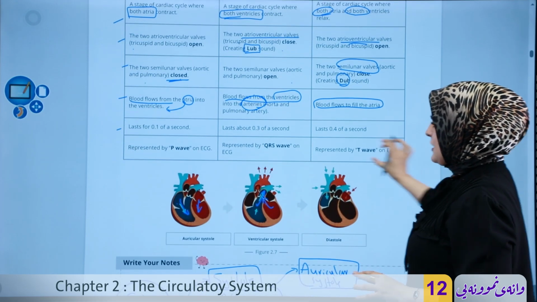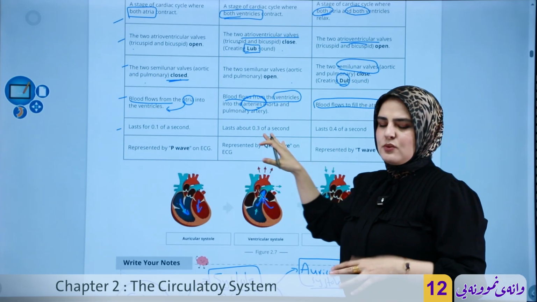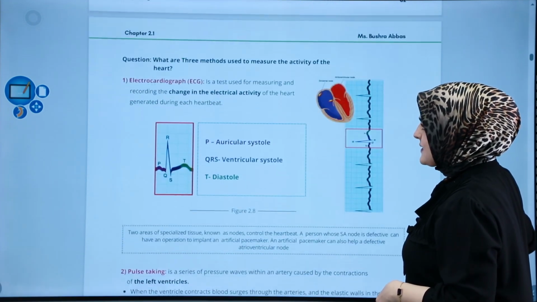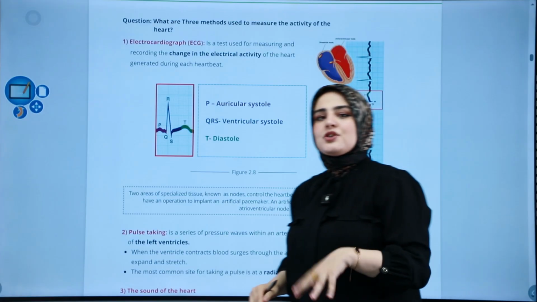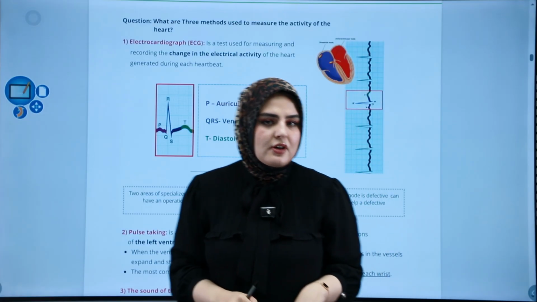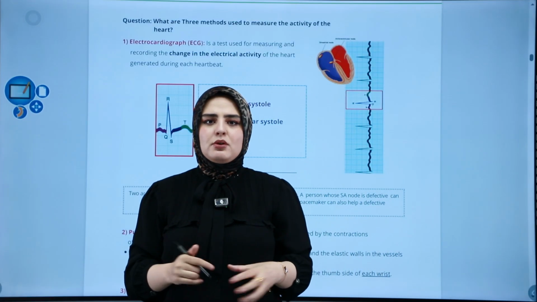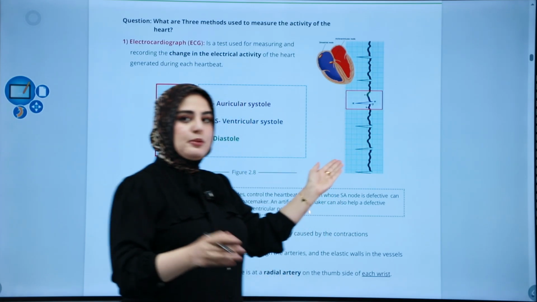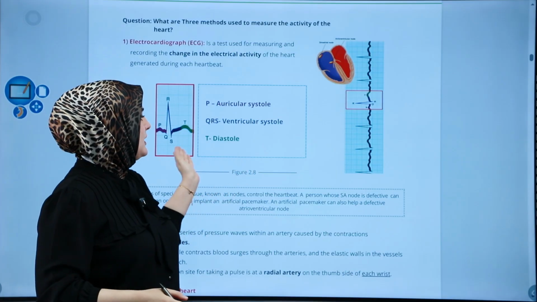Lastly, I did not talk about the waves. What is that supposed to mean? In hospitals, doctors measure the activity of the heart with different methods. One of the methods is ECG, which most of you probably saw already.